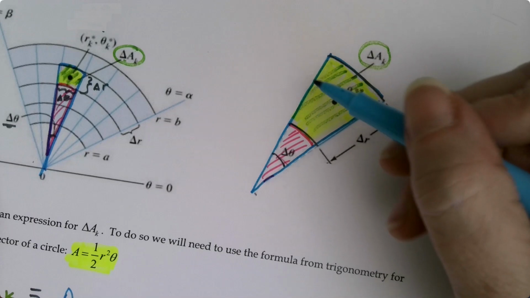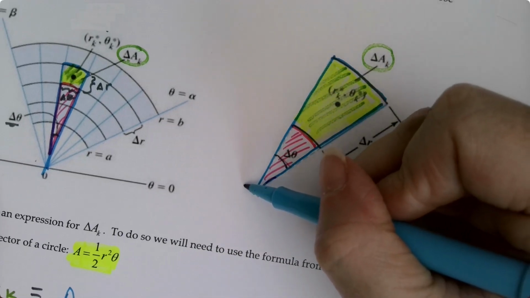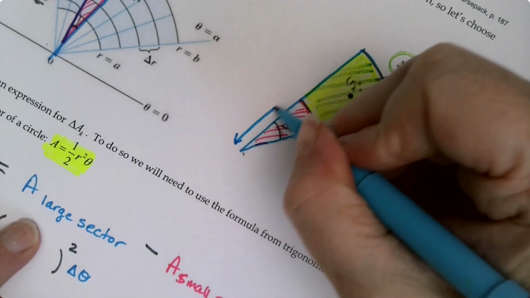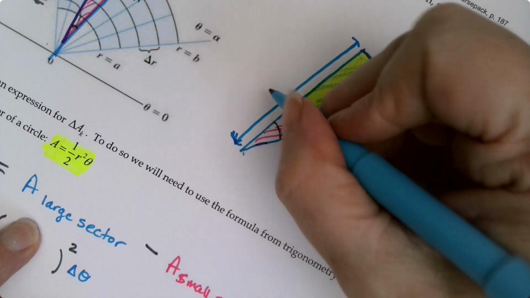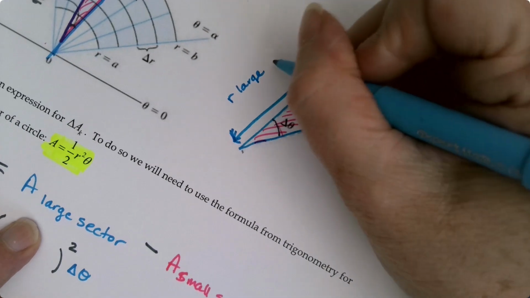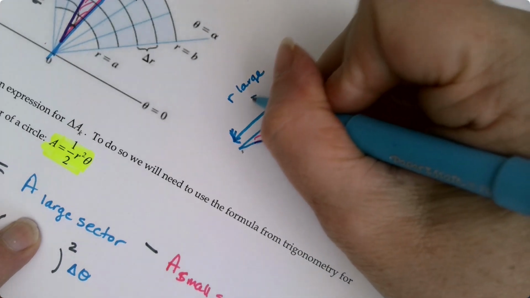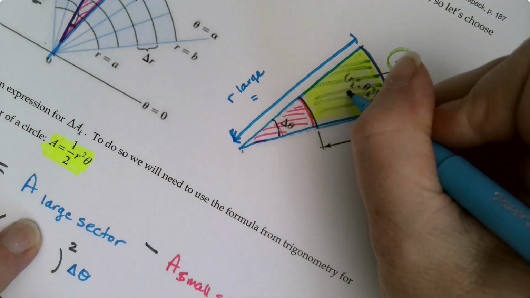The radius of the large sector is this whole distance from here all the way to here. And that would be equal to r sub k star, which will get us out to this piece.